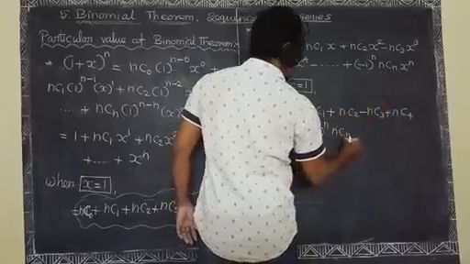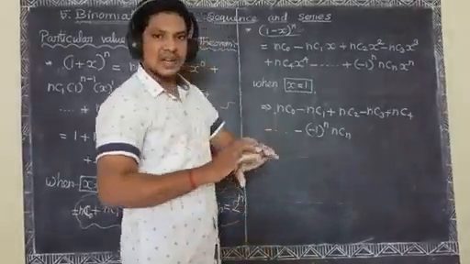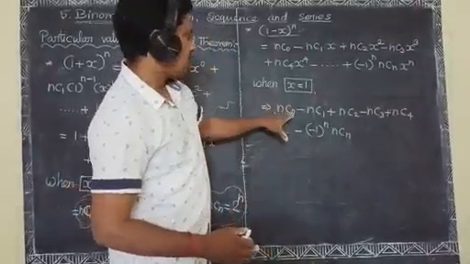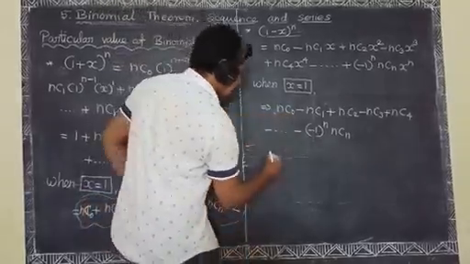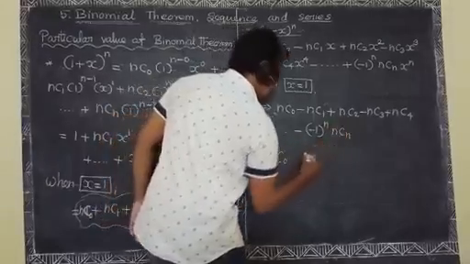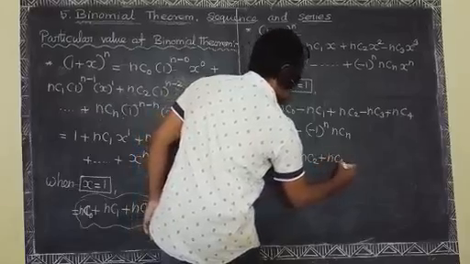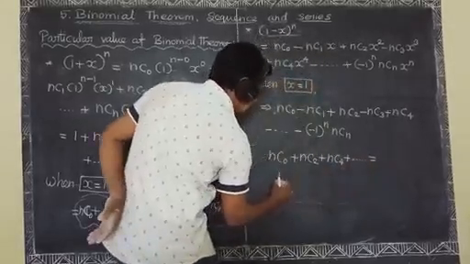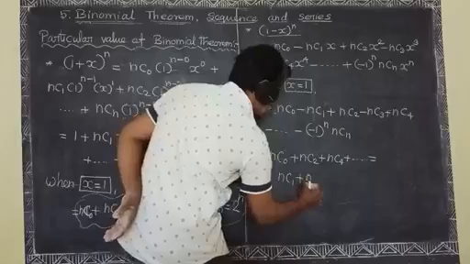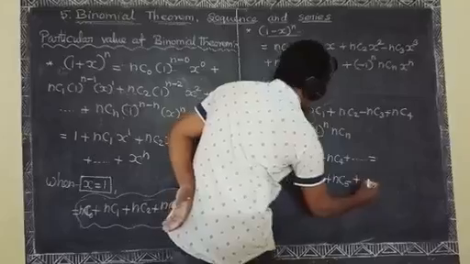Here we collect the even-numbered terms, that is nc naught plus nc2 plus nc4 plus and so on, and the odd-numbered terms, nc1 plus nc3 plus nc5 plus and so on.